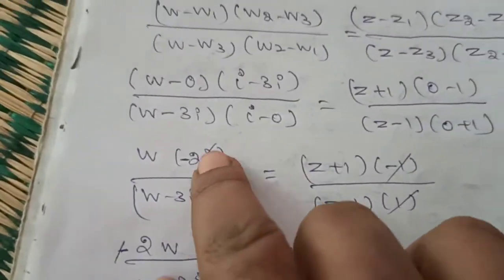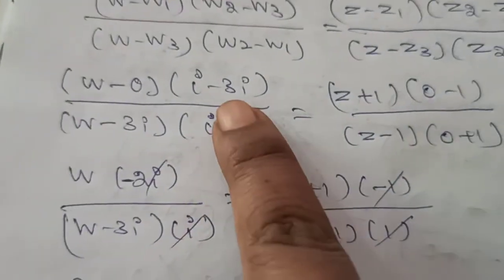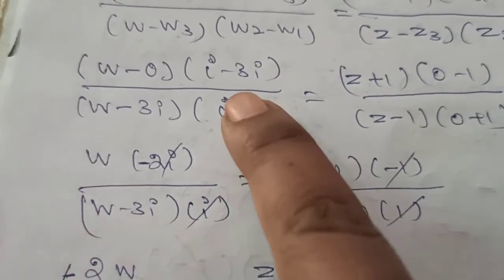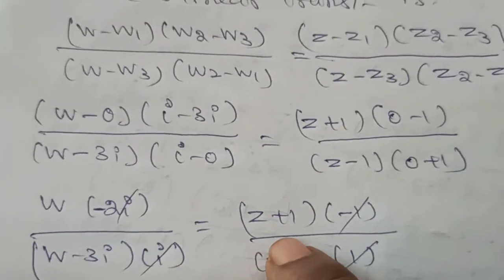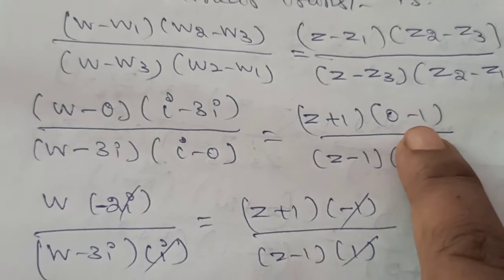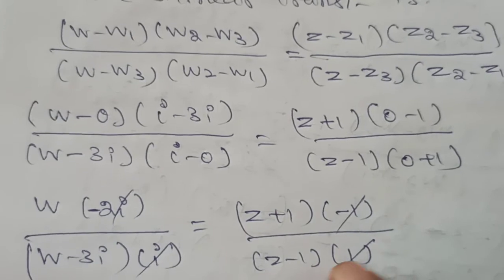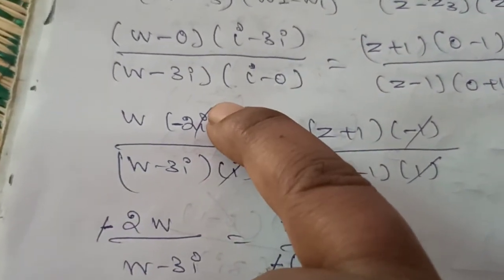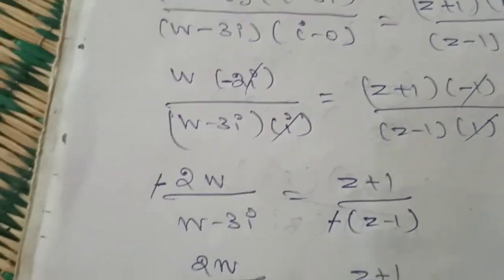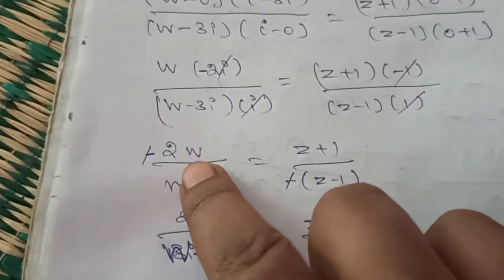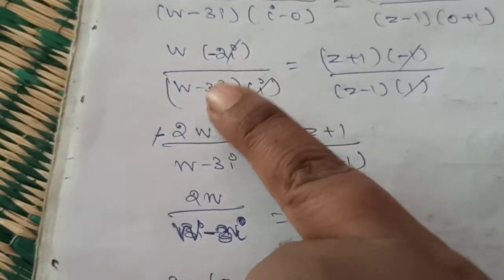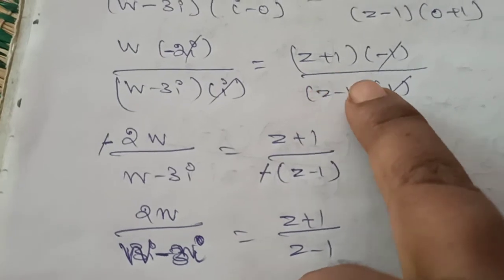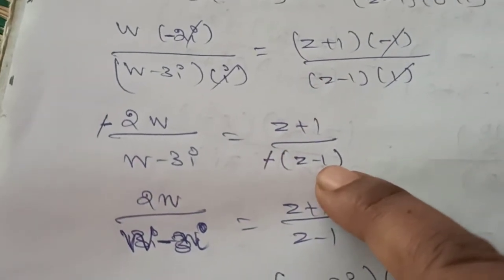So w into (i minus 3i) becomes minus 2i, divided by (w minus 3i) into i, which equals (z plus 1) into minus 1 divided by (z minus 1) into plus 1. The 1 is cancelled, and on the left side the i in numerator and denominator is cancelled. The remaining is minus 2w divided by (w minus 3i), which equals (z plus 1) divided by (z minus 1).